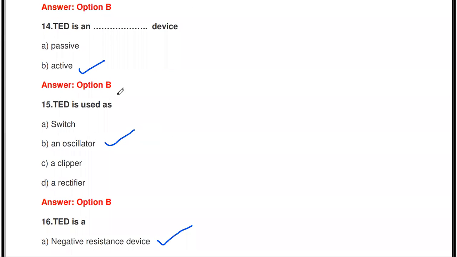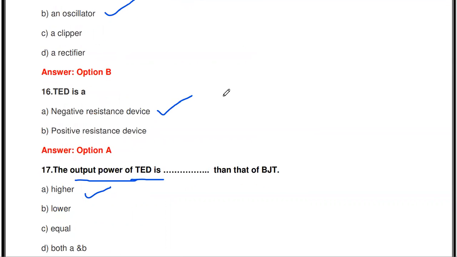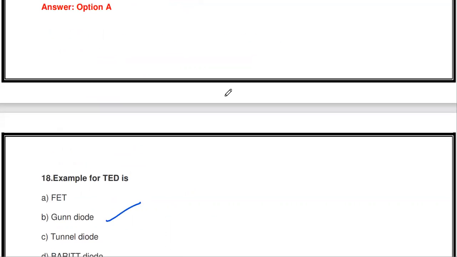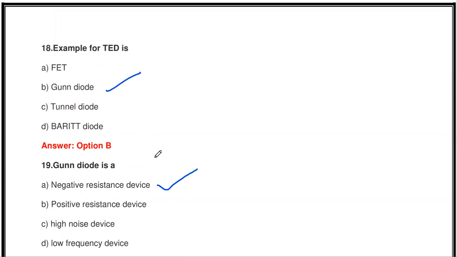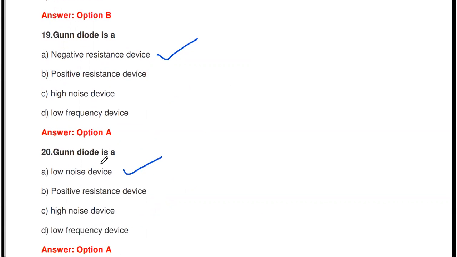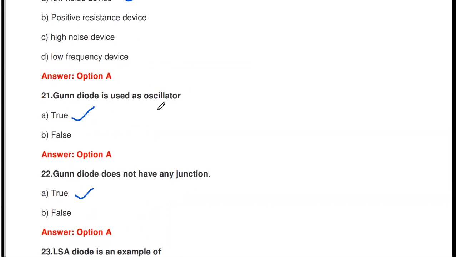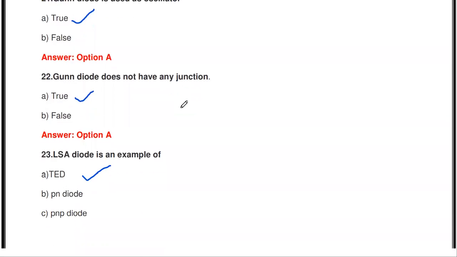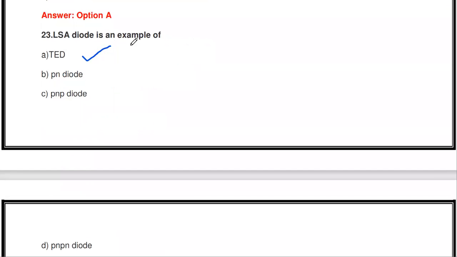Then the next device we discussed, TED. TED means transferred electron device. One of the TEDs is the Gunn diode. We discussed the important things about the Gunn diode. The Gunn diode is also a negative resistance device, a low noise device. It is used as an oscillator. Then the LSA.